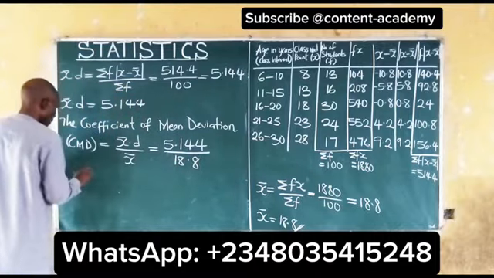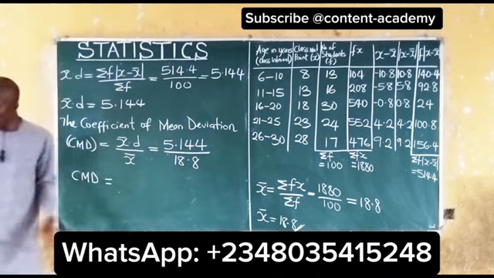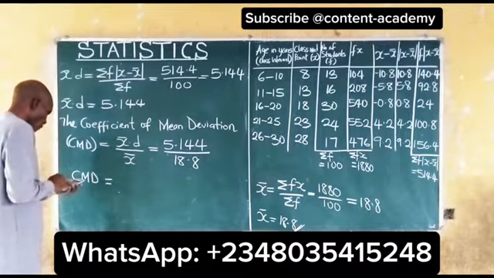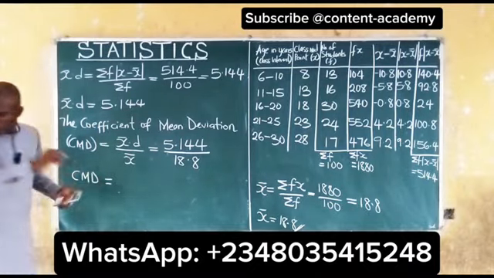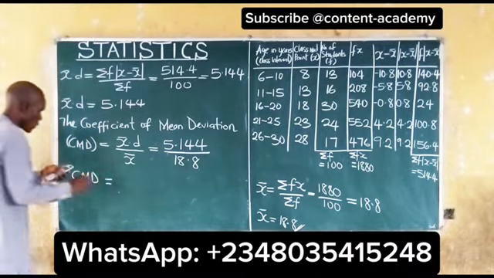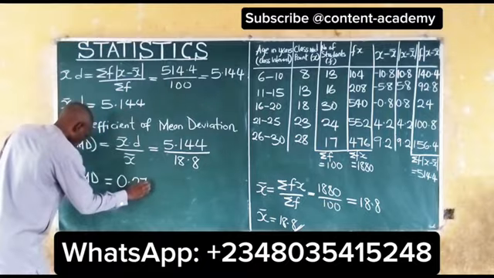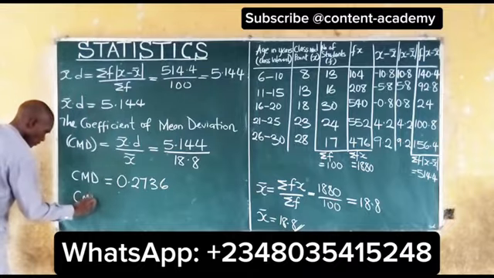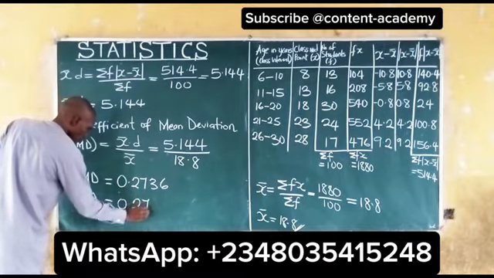So our coefficient of mean deviation will be equal to 5.144 divided by 18.8. So we have here 0.2736, which we can also approximate to be 0.27.